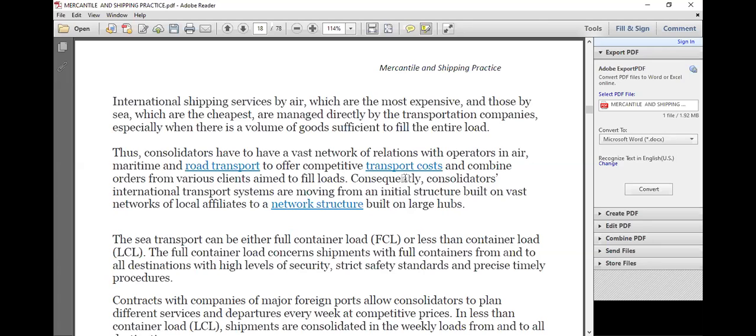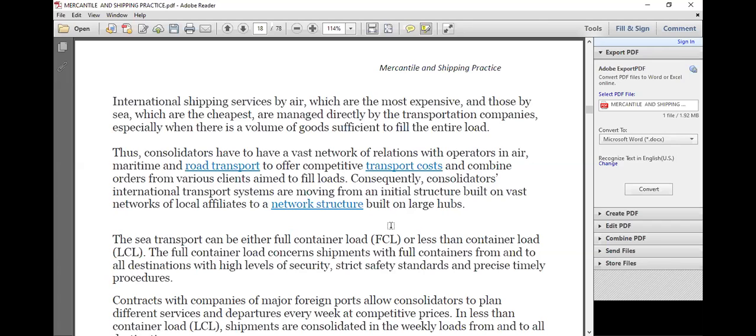Now, consolidators have a vast network of relations with operators in air, maritime, and road transport to offer competitive transport costs and combine orders from various clients aimed at filling the loads. Consequently, consolidators in the international transport system are moving from an initial structure built on a vast network of local affiliates to a network structure built on large hubs.